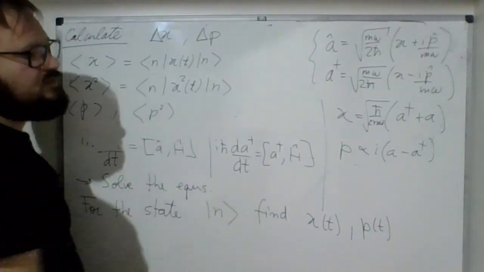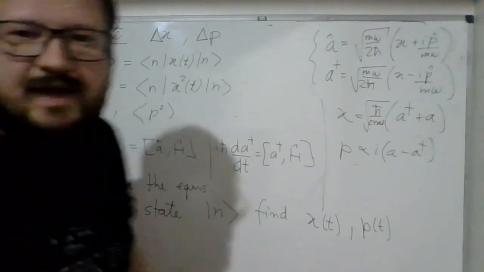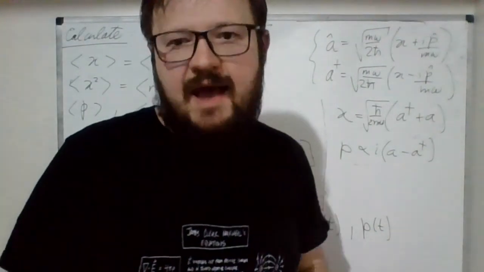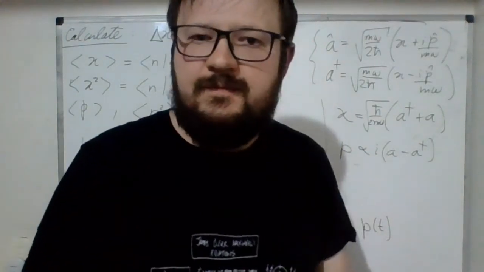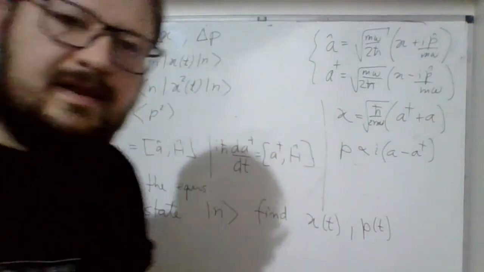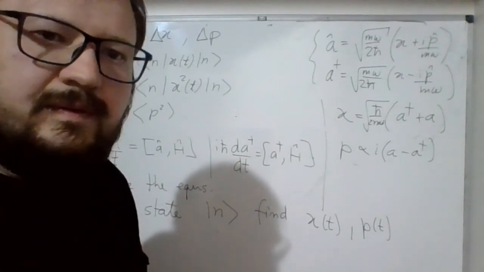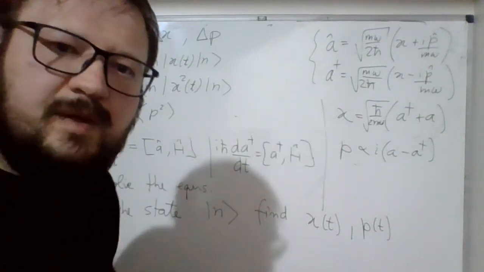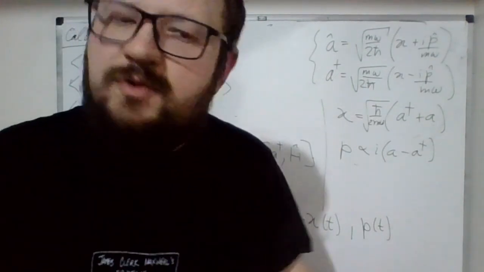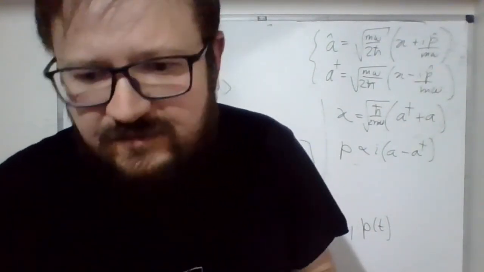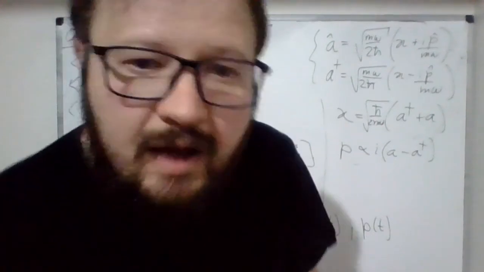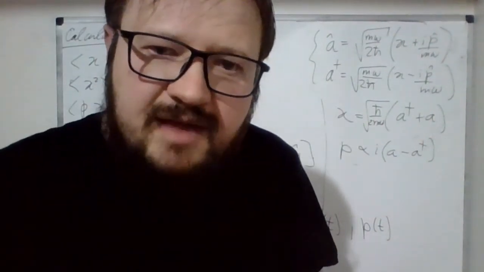These operators, you already know what they do when acting on the number eigenstates. Hope you can find out. Sakurai has some problems related to that. Hope you can find out the solutions. It's not that hard to find out, but I will leave it as an exercise.